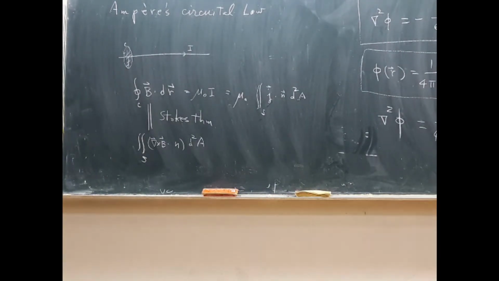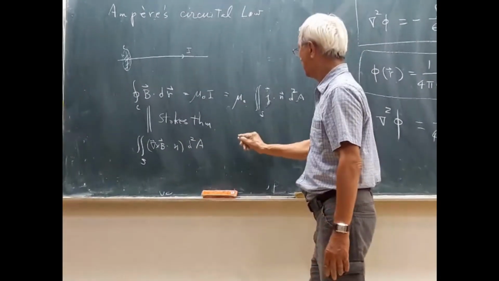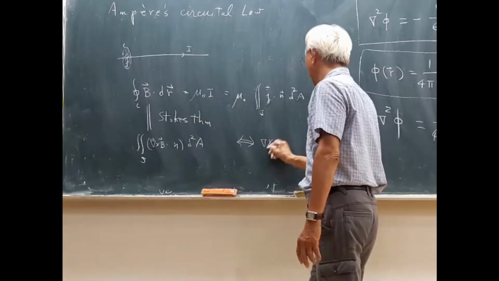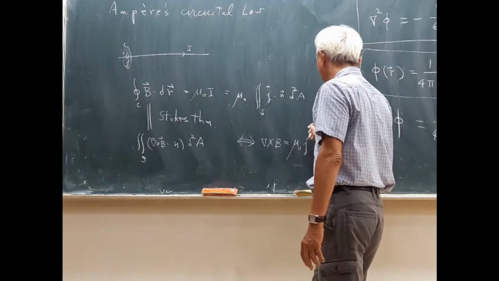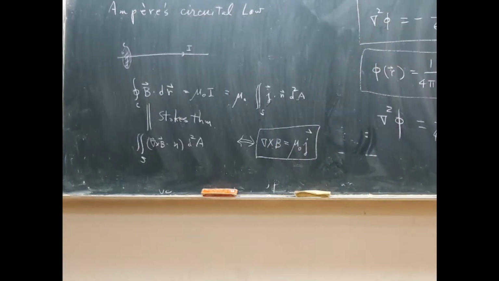So any surface you have, they are equal. That means the differential equation is that curl B equals mu 0 J. So that's Ampere's second law.